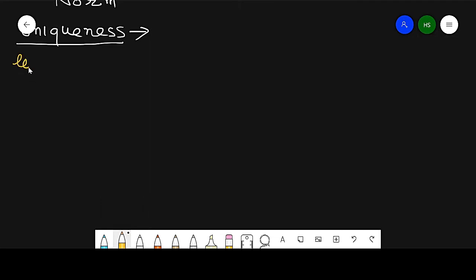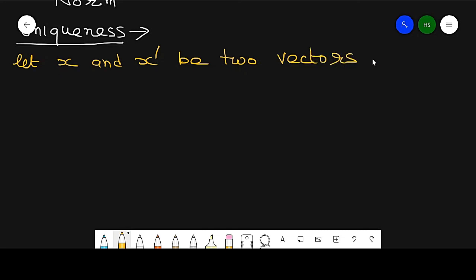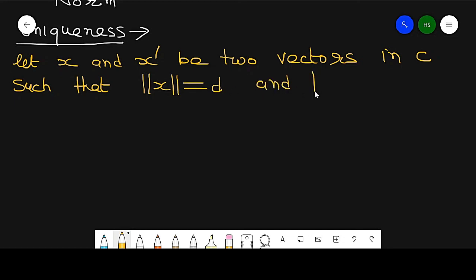So let x and x dash be two vectors in C such that the norm of x is equal to d and the norm of x dash is equal to d.